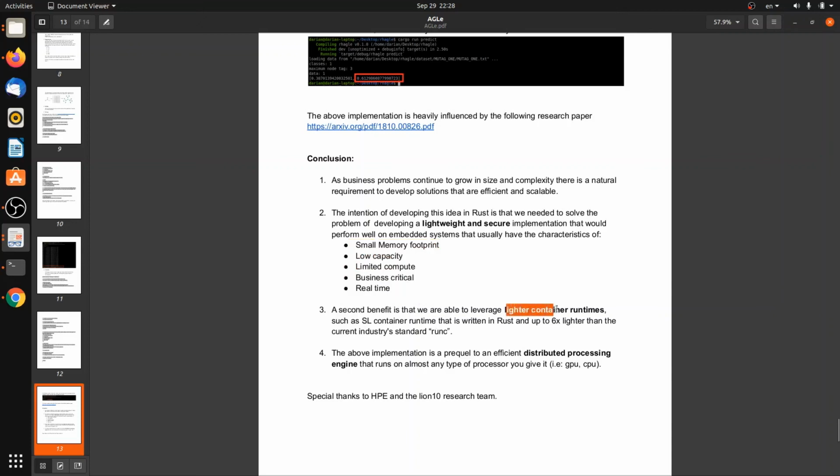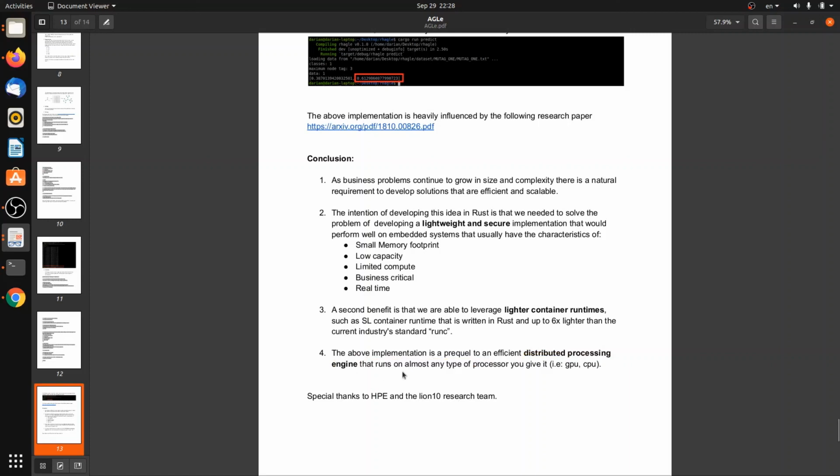Second benefit: whenever we're talking about distributed computing, usually Docker and most of the container runtimes today are based on runc, and there are some new container runtimes that are up to 6x lighter, and they're written in Rust. We want to build our program inside of these containers, and the reason is that this is going to be integrated into a distributed processing engine.